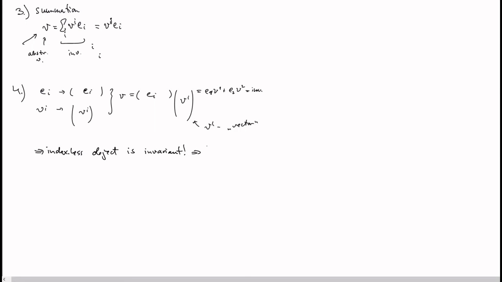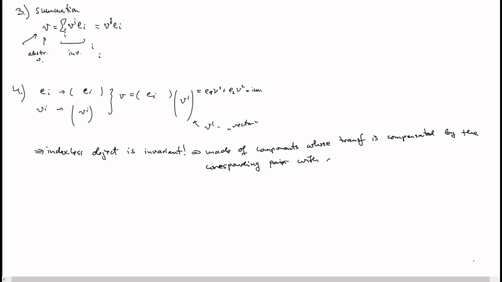So it assumes that it is made of or expanded in components whose transformation is compensated by the corresponding pair with an opposite index.